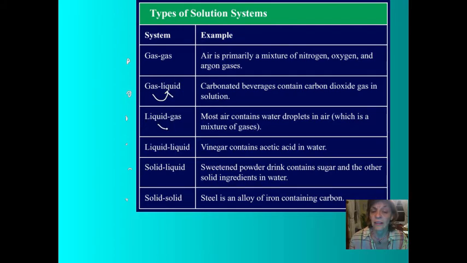Whereas if you have a liquid dissolved in a gas, that would be sort of like moist air. Water droplets in the air, vapor in the air, steam. Liquid-liquid could be vinegar, acetic acid in water. You can have solid in a liquid, which would be like the sugar in your drink, in your tea, and solid-solid like the alloy that we talked about with the brass.